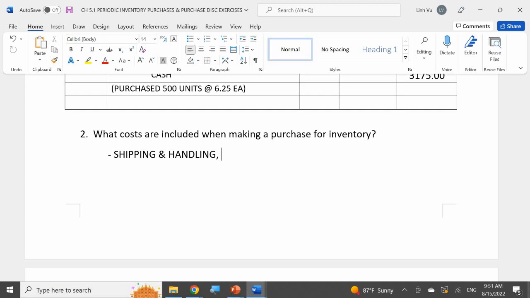Now, what about sales tax? You'll be paying sales tax, depending on if the store charges you. If you go to the store, 100% you're going to get charged sales tax. Now, if you have a good relationship between your supplier and you, they might tax exempt you because you're going to be collecting tax for them.